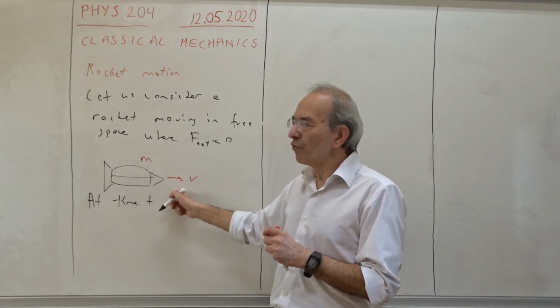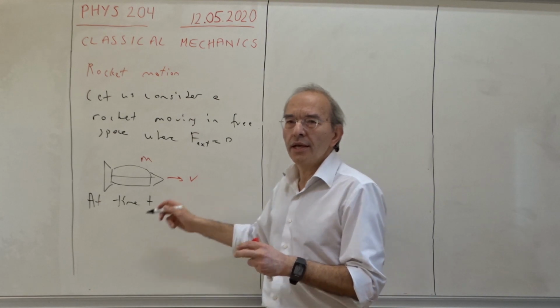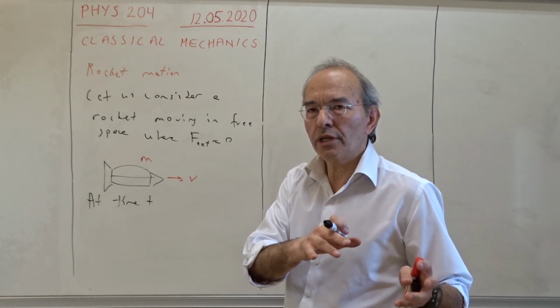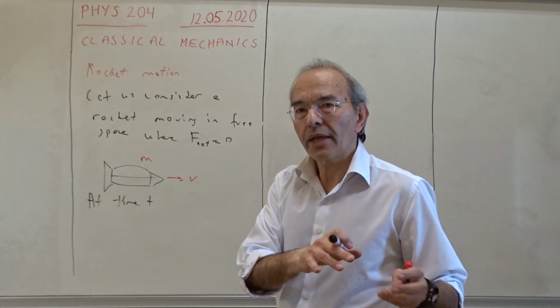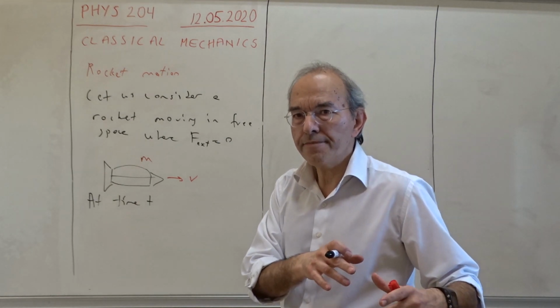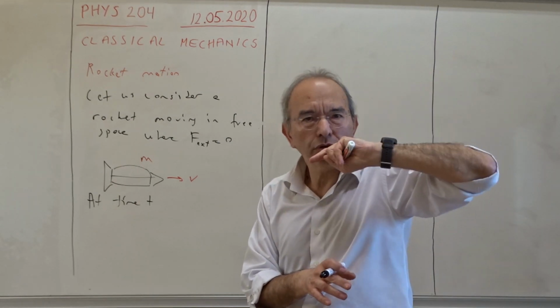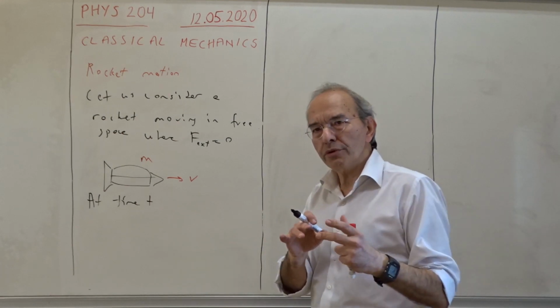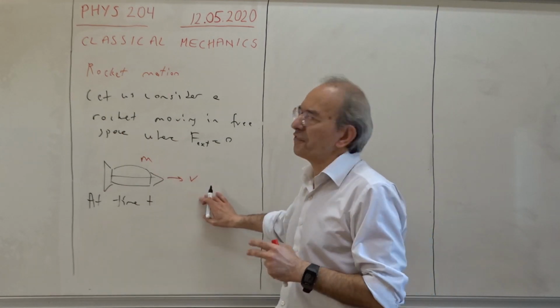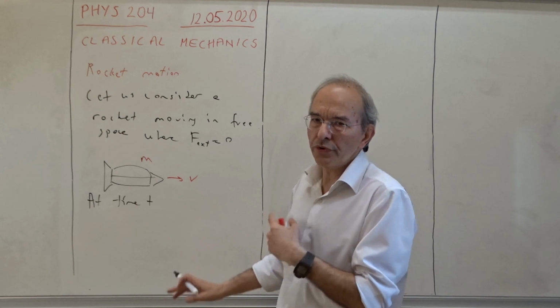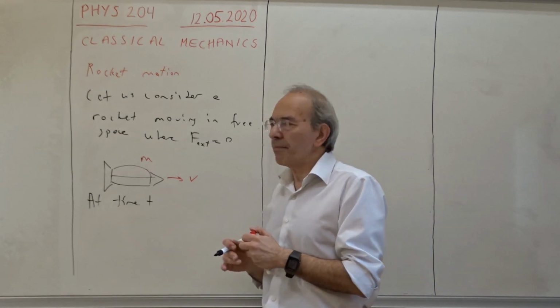It is moving in free space with a velocity v according to an observer in an inertial frame, such as a distant star, for instance. So that observer measures the velocity of this object as v, and assume it is only moving in one direction, but it has a mass m.